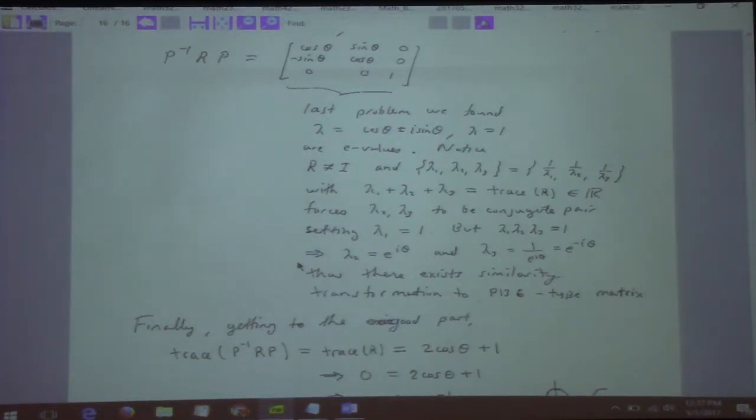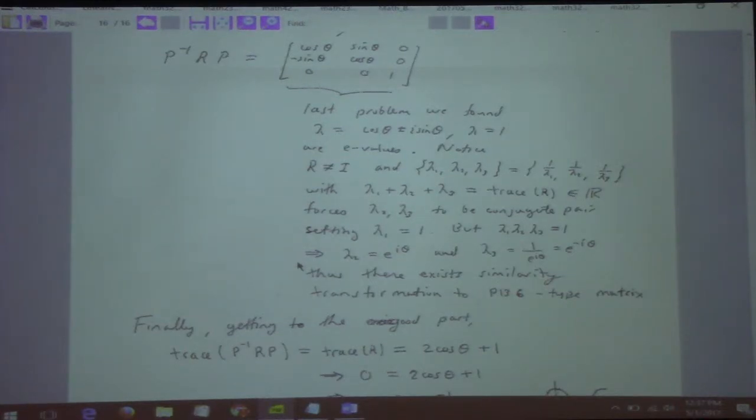So L_R is R, right? So I'm saying that there is a basis such that this matrix is equal to cosine theta, minus sine theta, or is it sine theta? It's sine theta, isn't it? Minus sine theta, cosine theta, 1, like that.